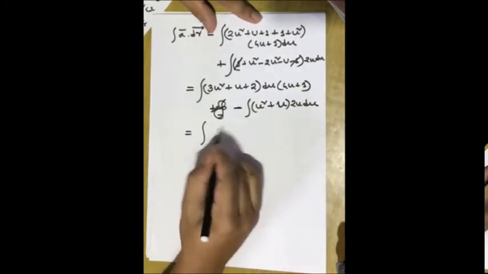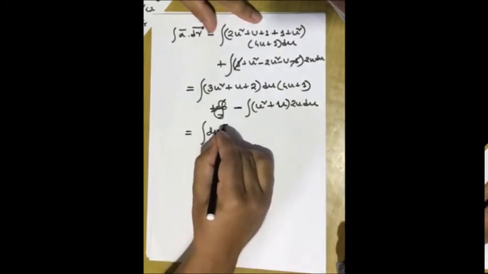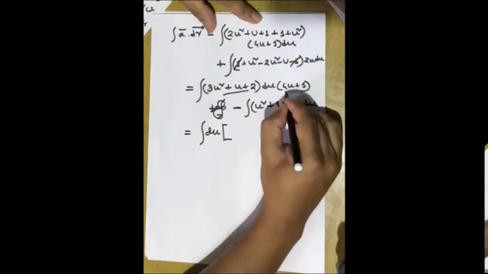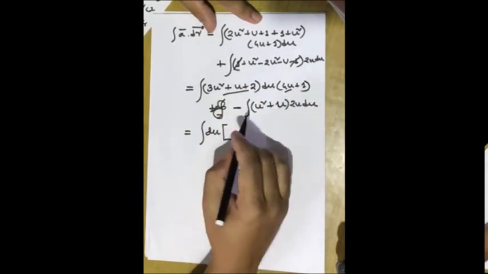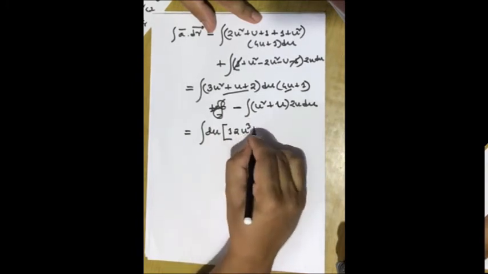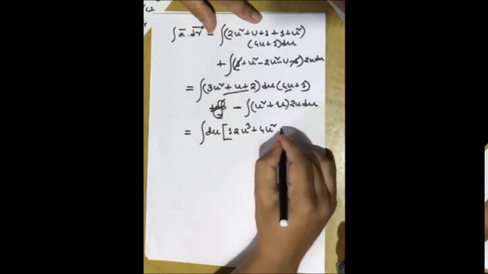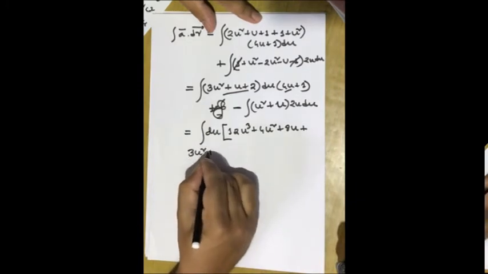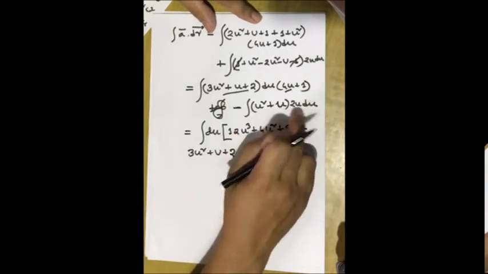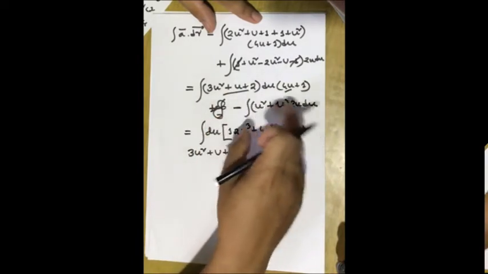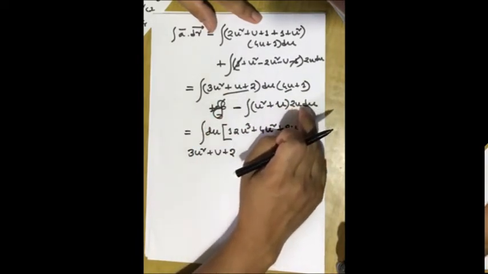Okay, so first you have to multiply this factor with this, then this factor with 1. So that will be 12u³ + 4u² + 8u + 3u² + u + 2. Okay, then minus, we can combine these two terms, because after all now the parameters are changing with respect to u.